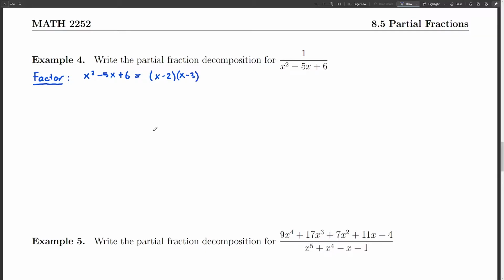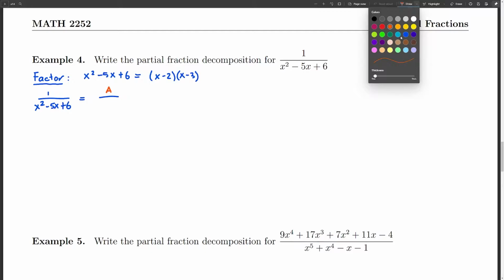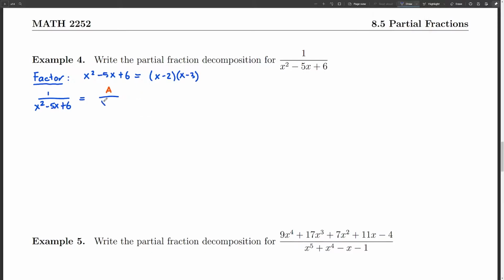So when we see these two factors, we know that we have to decompose the fraction into two smaller fractions. So 1 over x squared minus 5x plus 6 equals a constant a over x minus 2, and then plus a constant b over x minus 3.